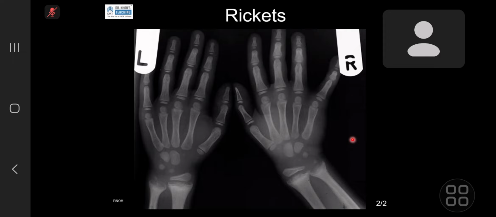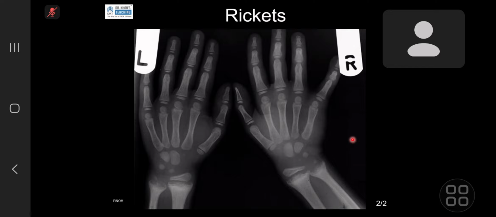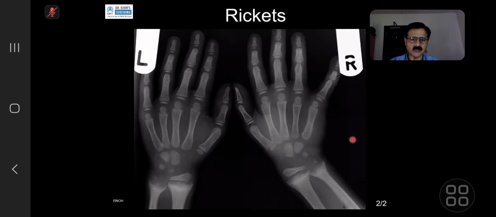Now, if calcium is deficient, then we get rickets and osteomalacia. On the other hand, if osteoid is deficient, then scurvy is an example of osteoporosis. So we call it osteoporosis, and there can be various other etiological factors for osteoporosis, hormonal and so on. But scurvy is osteoporosis, osteoid is deficient. In rickets, calcium is deficient.